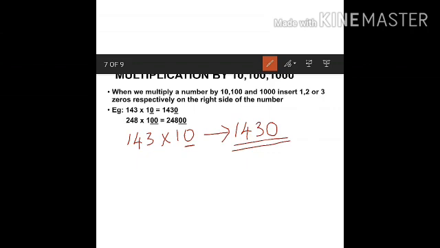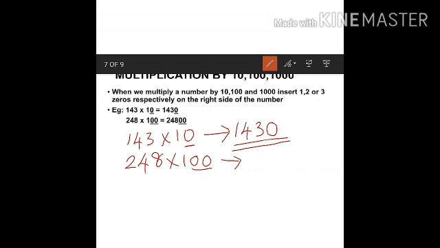The next example is 248 multiplied by 100. So, how many zeros are there for 100? 2 zeros. So, what we have to do is, we have to insert 2 zeros at the right side of 248.